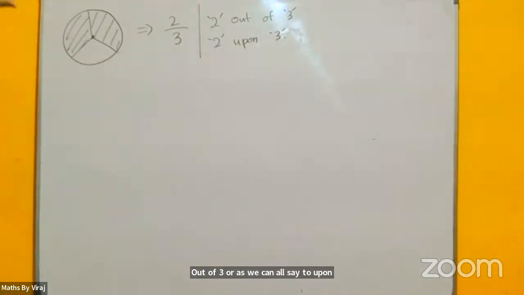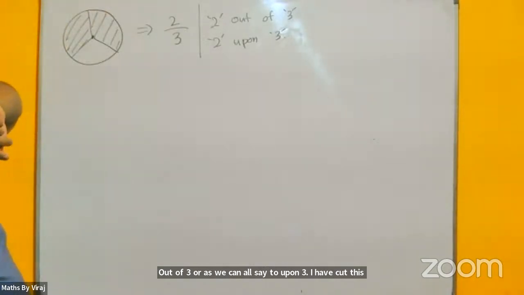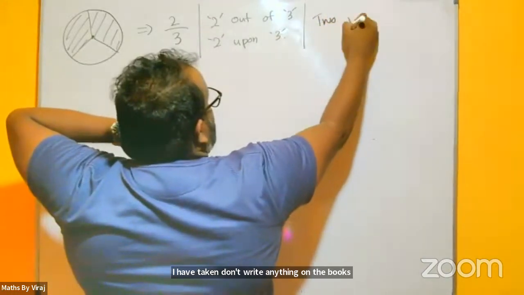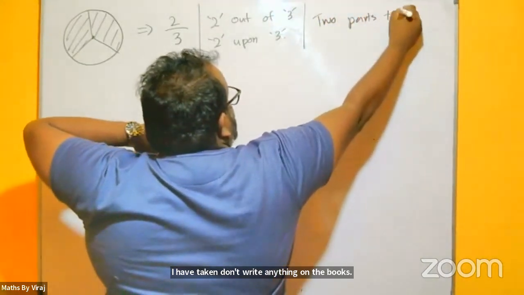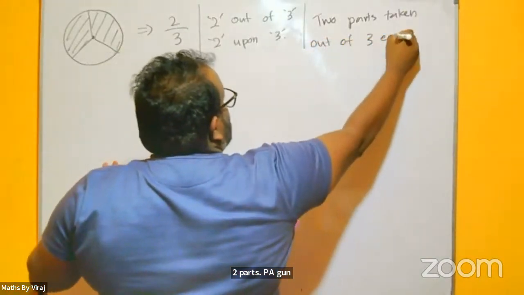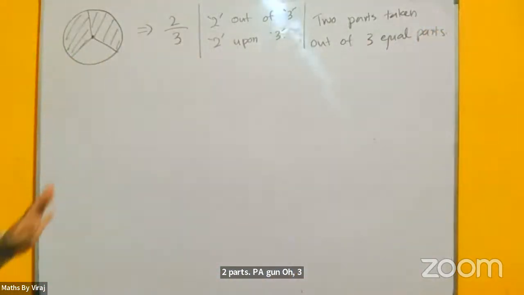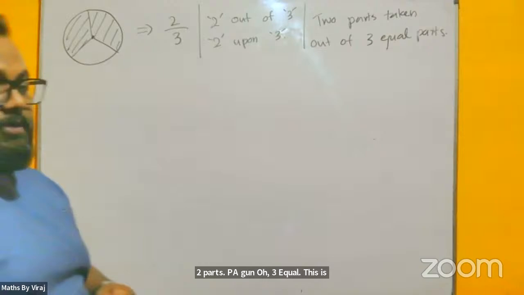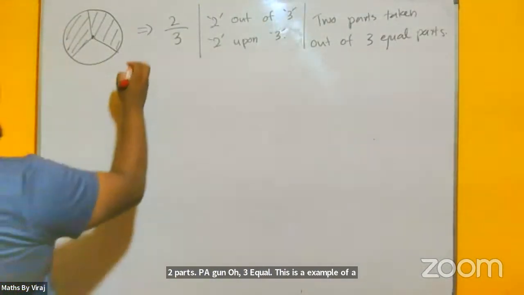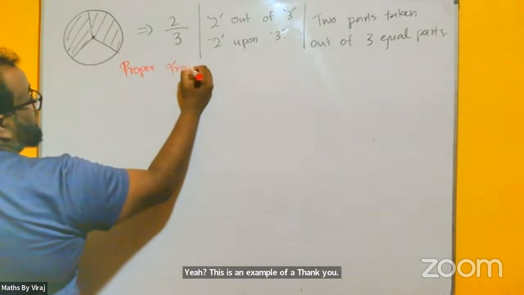I have cut this into 3 equal parts and I have taken 2 parts out of 3 equal parts. Please listen, don't write anything in the books. This is an example of a proper fraction.